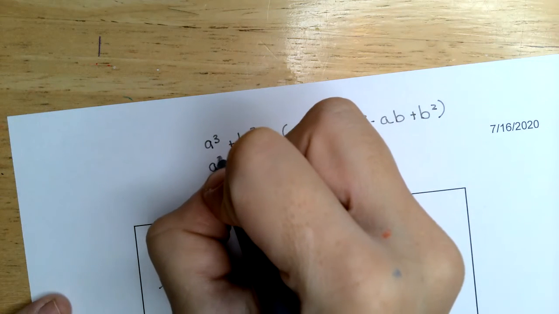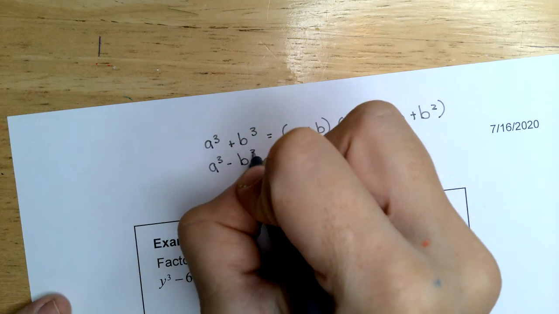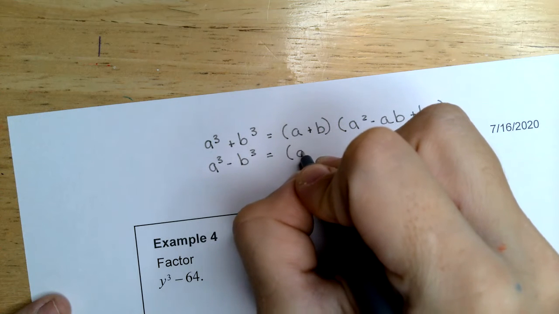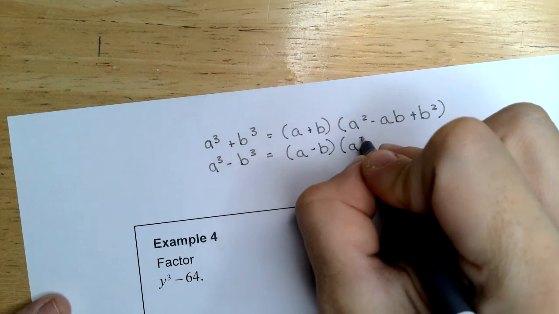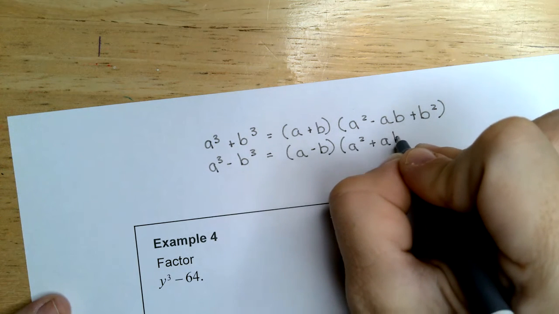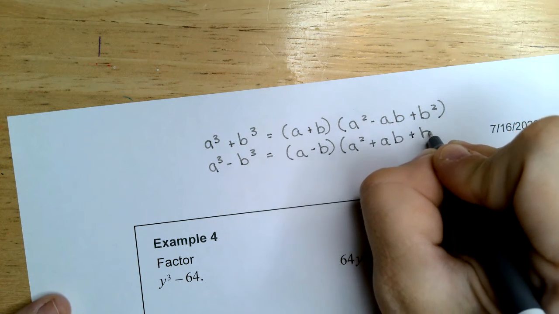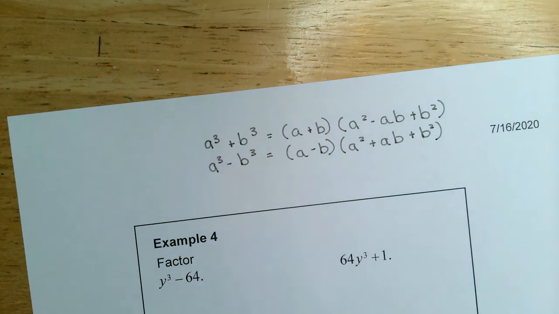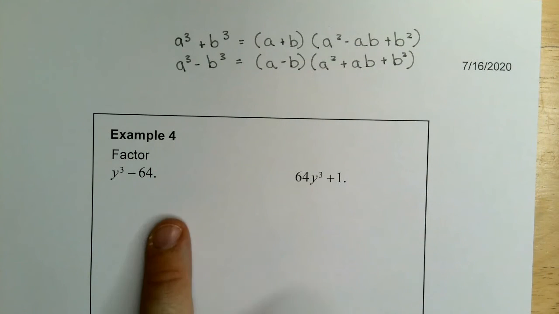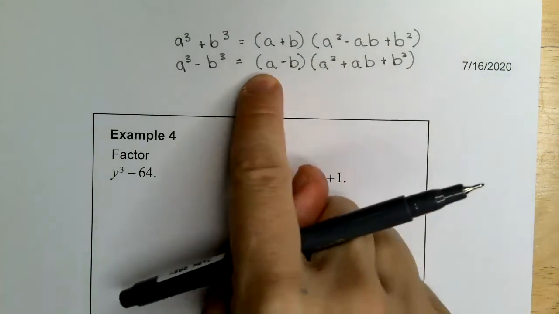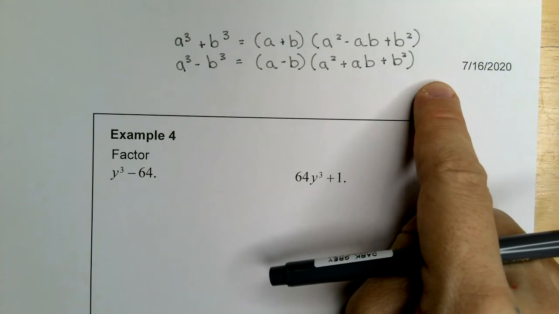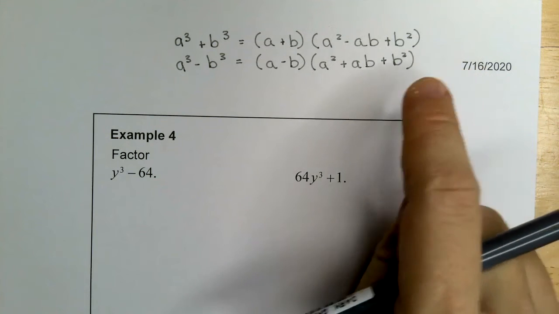But a cubed minus b cubed becomes a minus b times the quantity a squared plus a times b plus b squared. Okay, so this one was minus.